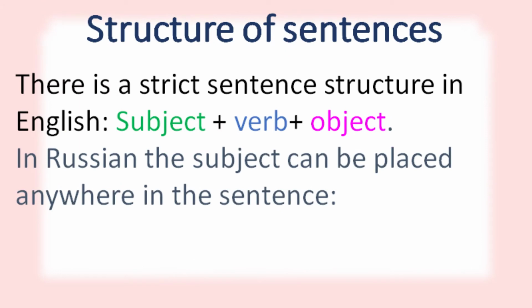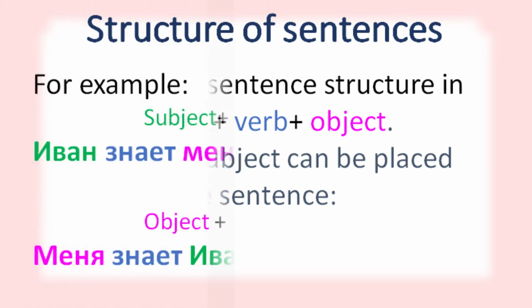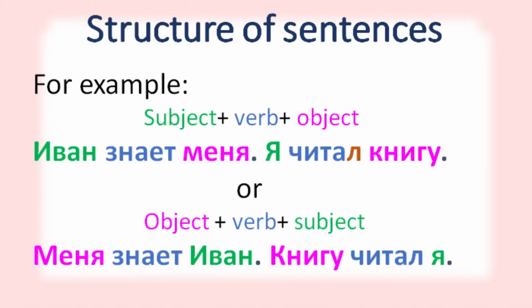There is a strict sentence structure in English: subject plus verb plus object. In Russian, the subject can be placed anywhere in the sentence. For example, Ivan knows me, where Ivan is the subject, знает is the verb, and меня is the object.